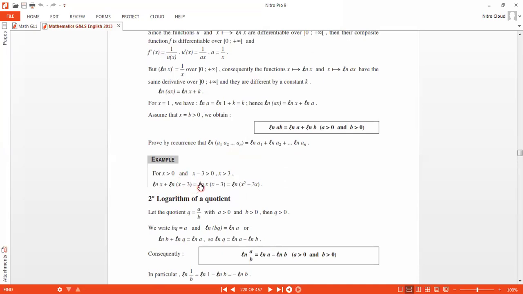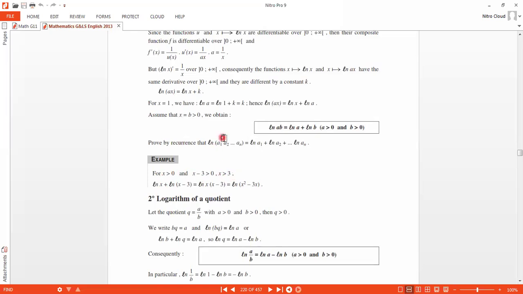So we will have ln x(x minus 3), which becomes ln (x squared minus 3x). So this is the property of product. Of course, we take a condition for every ln. Here we have two ln, so I have to take two conditions. The first condition is x should be greater than 0, and the second condition is x should be greater than 3.